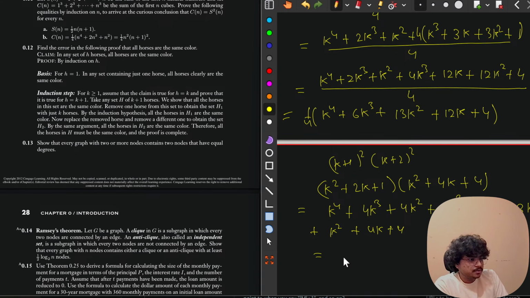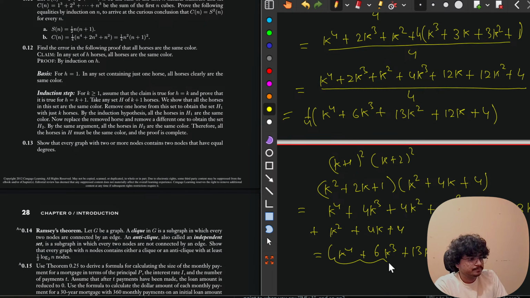So we get k to the power 4. For k cube, there's 4 plus 2, 6. For k square, we have 4 plus 8, 12, 12 plus 1, 13. For k, we have 8k plus 4k, 12k, and eventually 4.